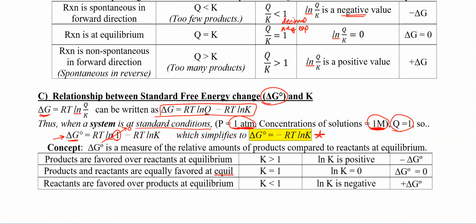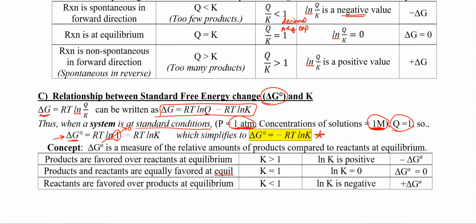So if you have products favored over reactants at equilibrium, we know K is greater than 1, right? You end up with more products compared to reactants at equilibrium, your K is greater than 1. If you take the ln of K, that's going to give you a positive number, which if you plug that back into this equation, obviously gives us a negative delta G naught.